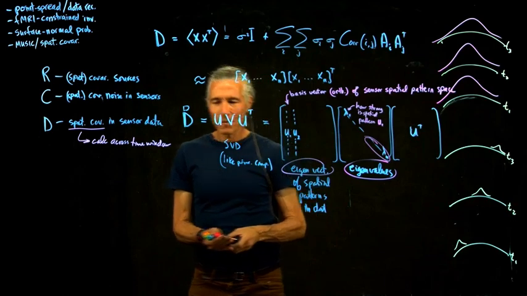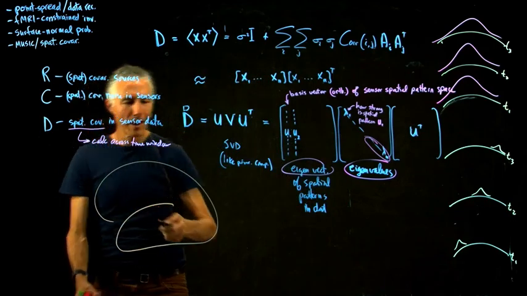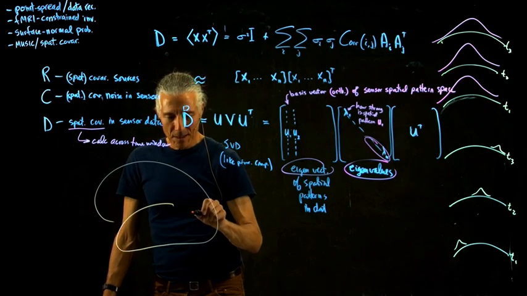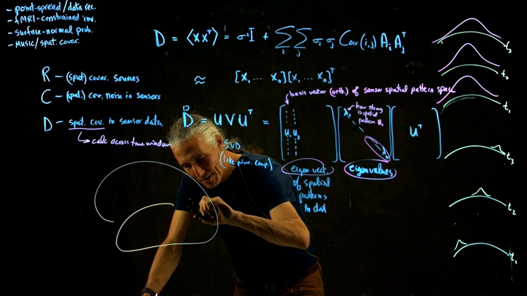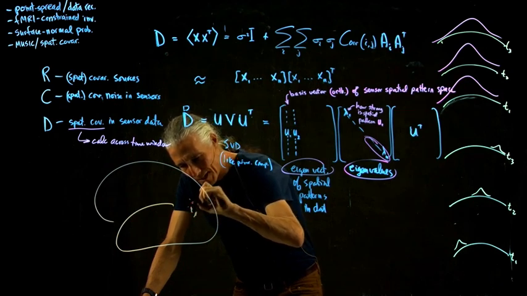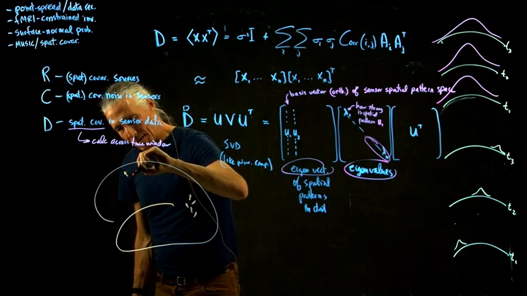And so what we can do then is go through our whole brain and go to each particular point in the brain. So there's a source here and a source here, possible source here, and so on.